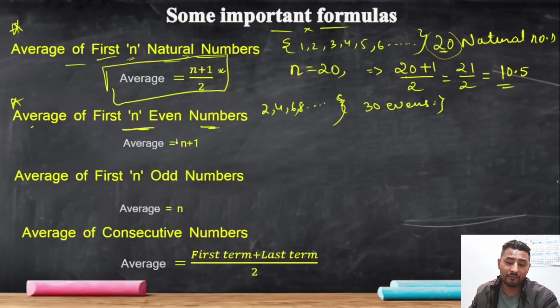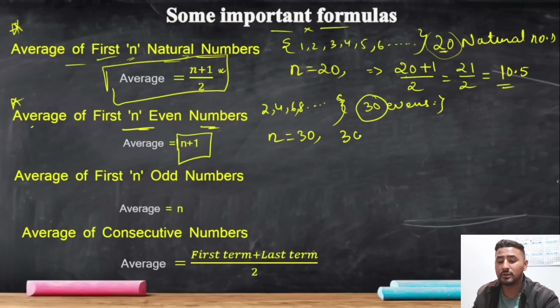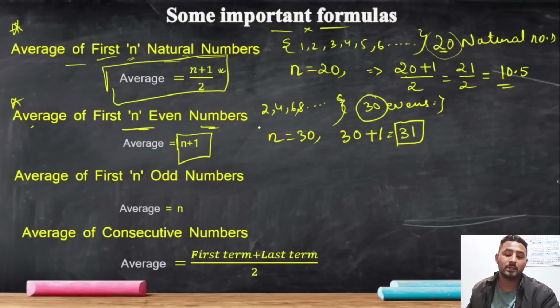Just remember, the average is n plus 1. Whenever you have to find the average of the first n even numbers, take n as 30, and just add 1 to that. 30 plus 1 will be 31. This will be the average of the first 30 even numbers.